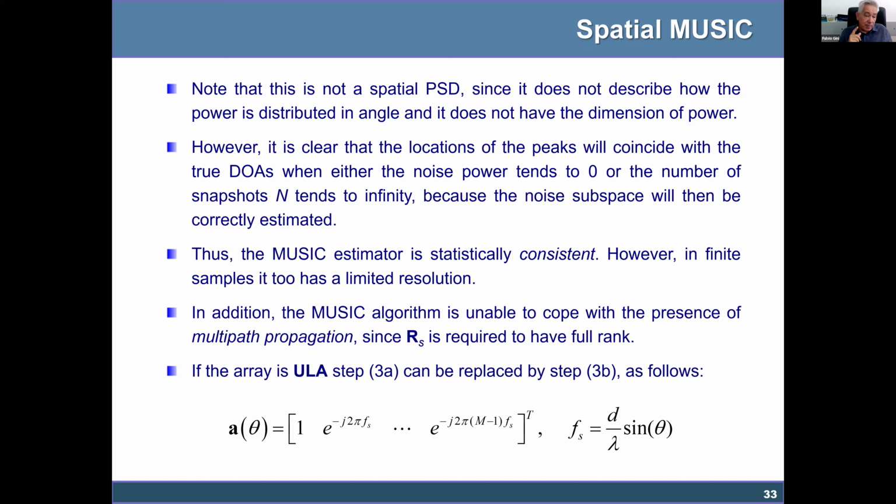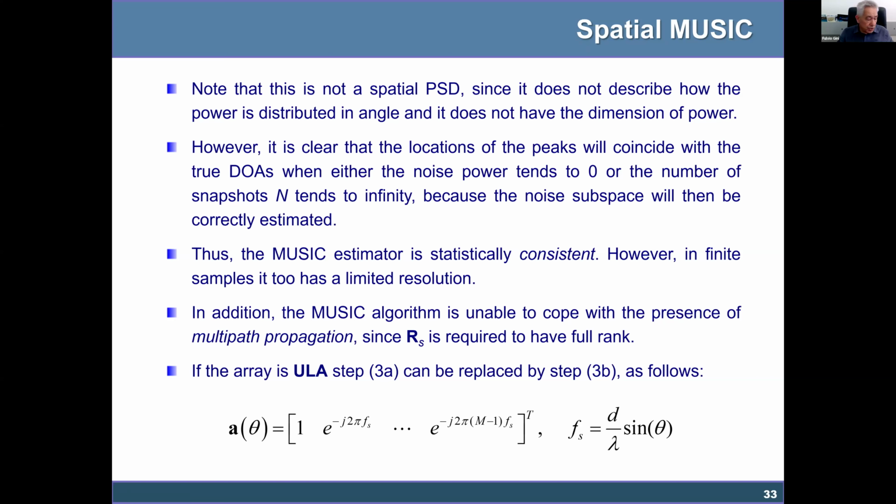In general, it has better resolution than Capon and beamforming, but obviously the resolution is limited, and it depends on the number of snapshots, it depends on the signal-to-noise ratio, and so on.